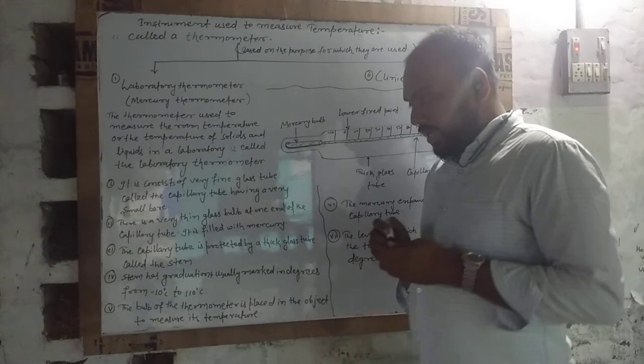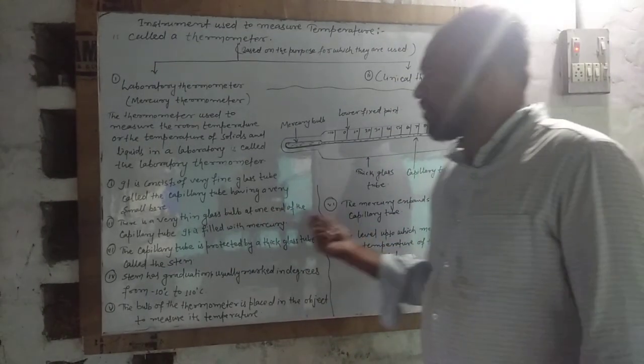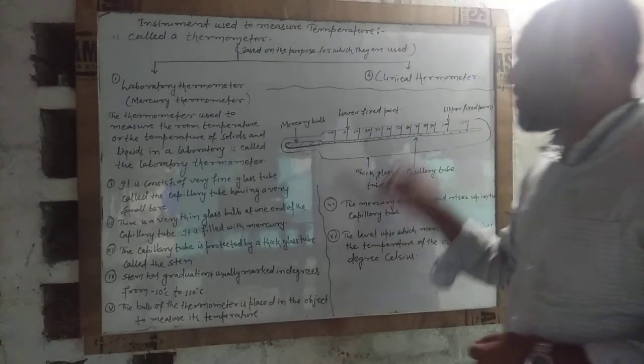Now there is a very thin glass bulb at one end of the capillary tube. It is filled with mercury.